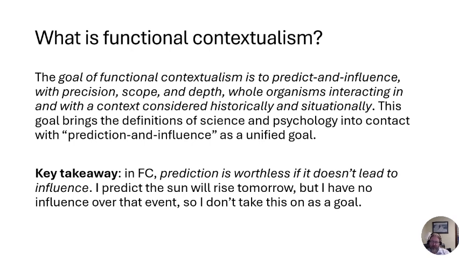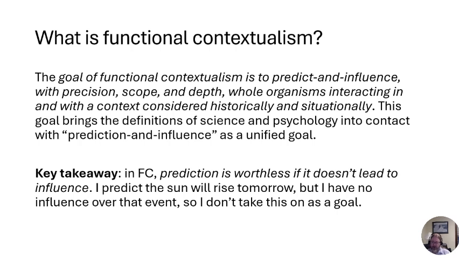But I just want you to know that history is there, and that the type of contextualism that really is the focus for contextual behavioral science is called functional contextualism. And so what is the specific goal that we can look at to see if we've achieved that pragmatic purpose?